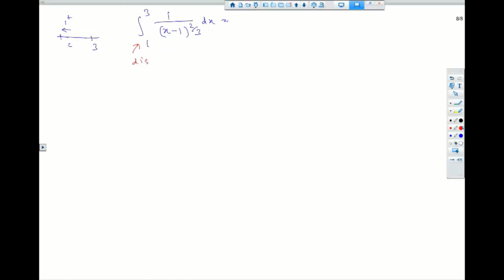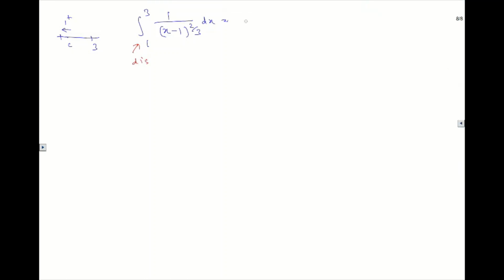That's where you're going to see the discontinuity. So that means you want to write the limit for that. So it's a limit as c goes to 1 from the plus side. You go through larger values. That's a 1 plus. And then we integrate. So it is the integral from c to 3 of 1 over (x minus 1)^(2/3).